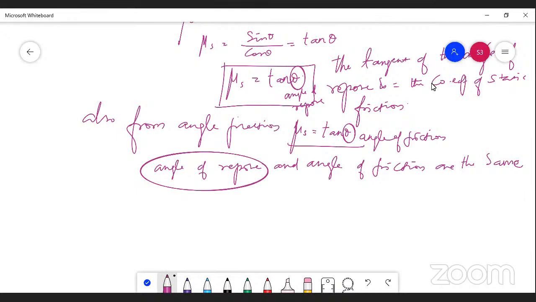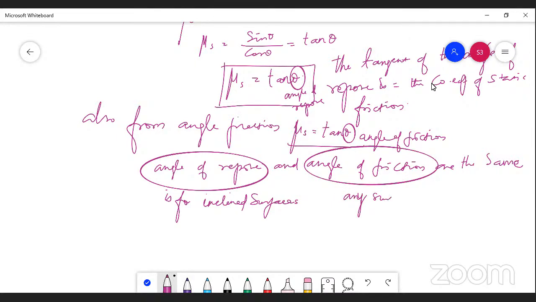So angle of repose is for inclined surfaces and angle of friction is for any surface.